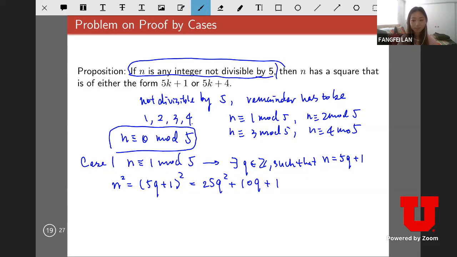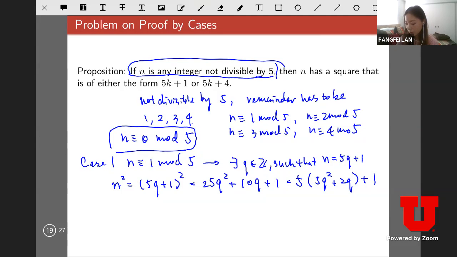Is that right? All right, so then we want n squared to be in the form of 5k plus something, right? So we factor out a 5. So we have 5 times (5q squared plus 2q), and then plus 1.